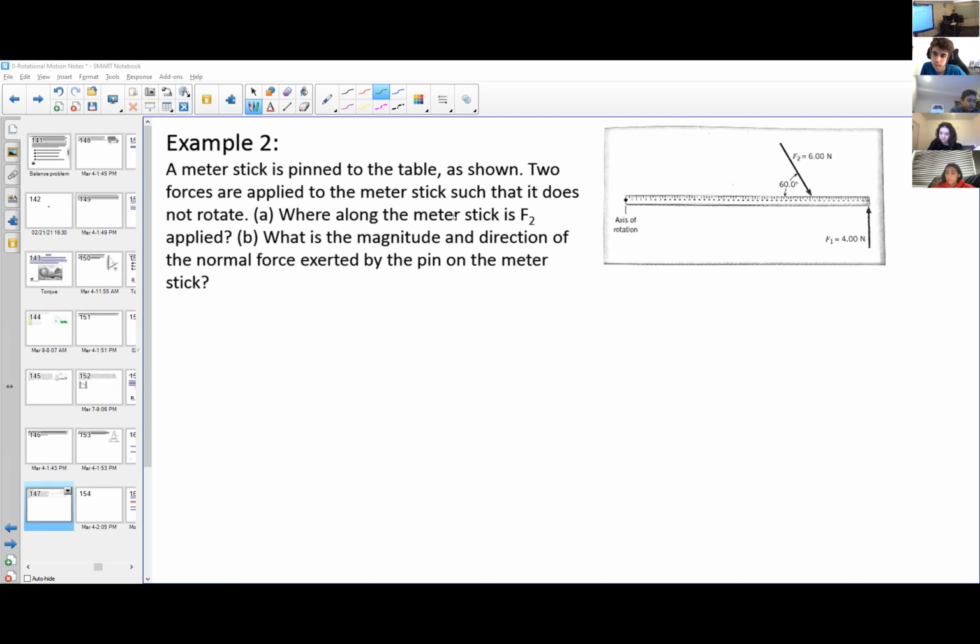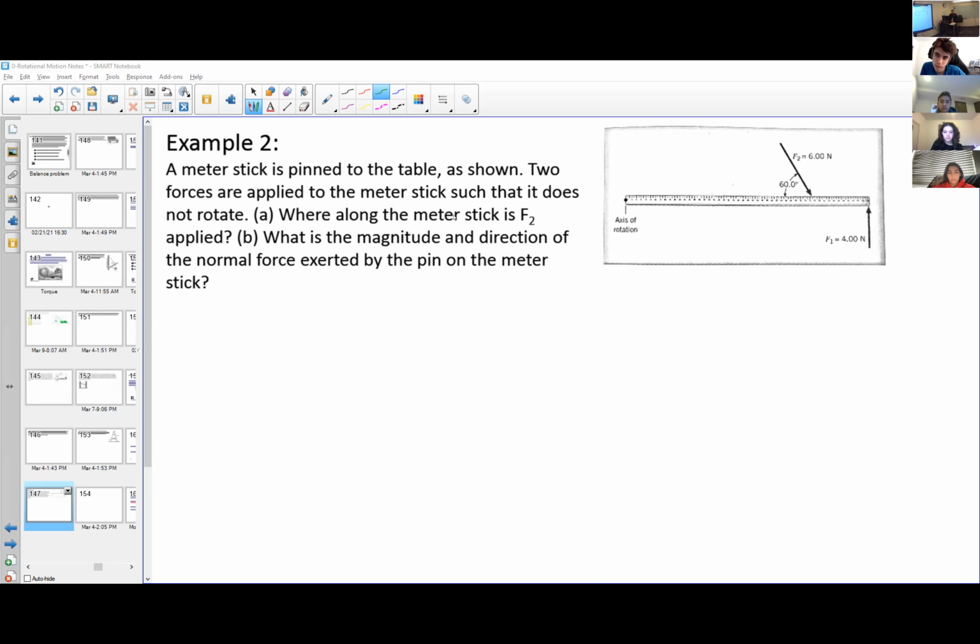I don't know if that's on the right track, but I got 5.196, and then I divided 4, which is the torque for the other one, I'm pretty sure. I did 4 divided by that number to get 0.77 meters for where it would be placed.